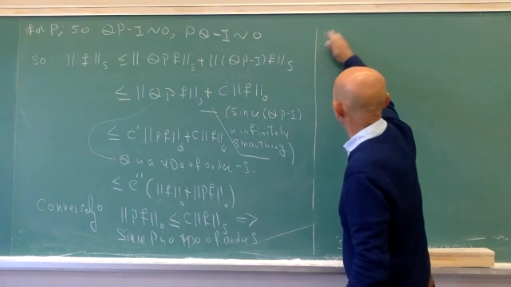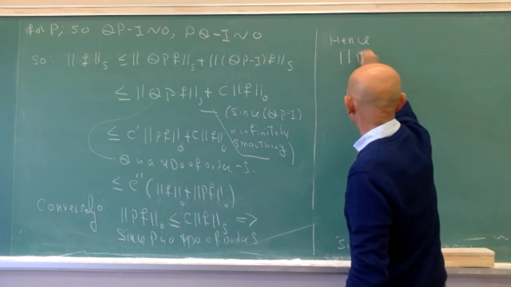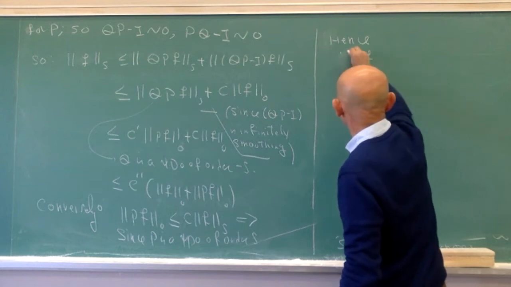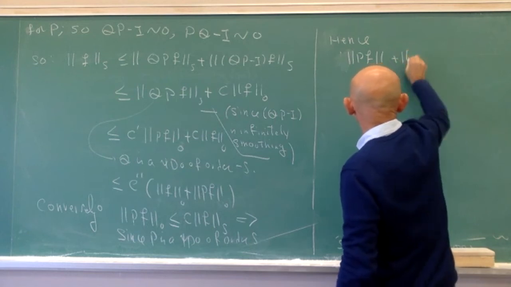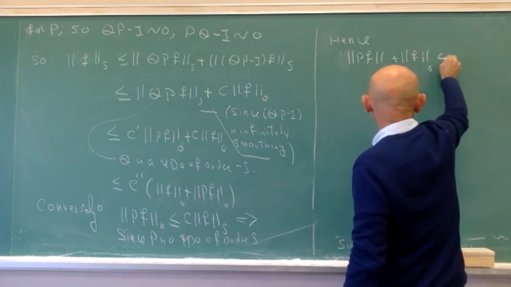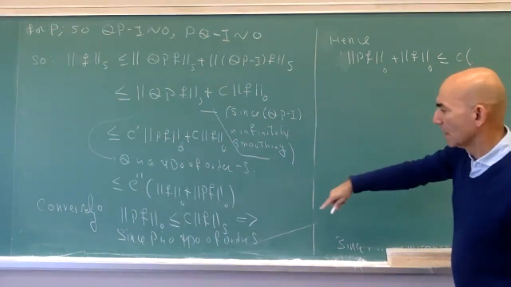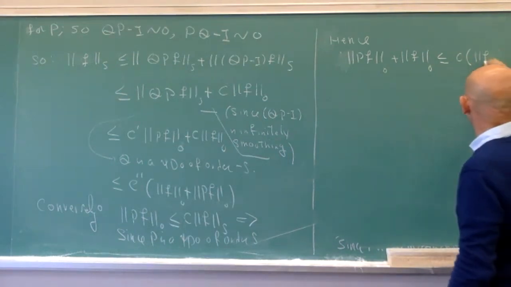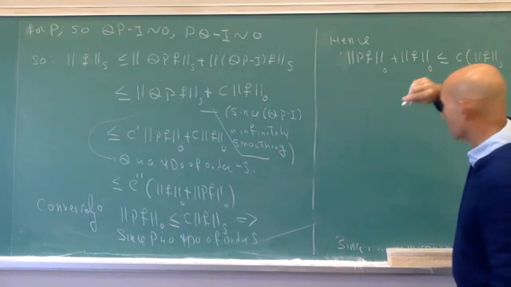Hence, norm F 0 plus norm P F 0 is less than or equal to some constant C times norm F S. Yes.